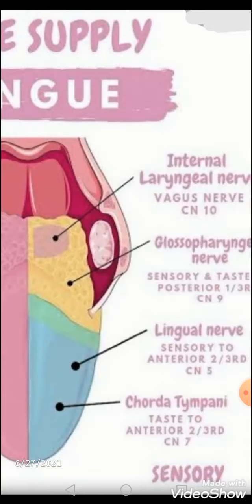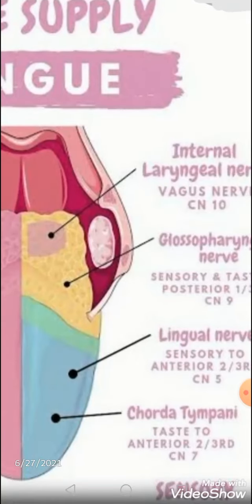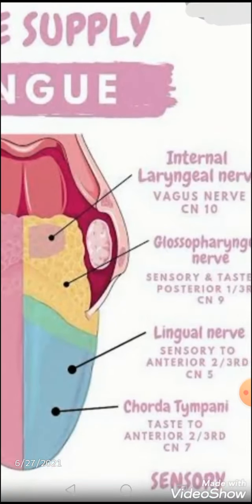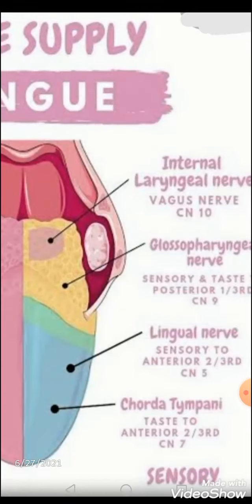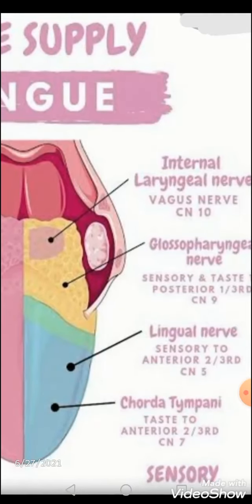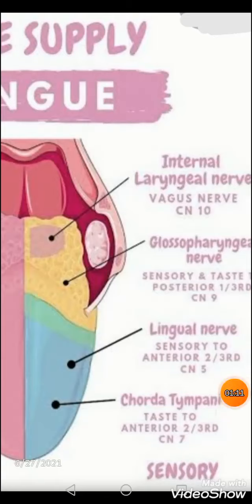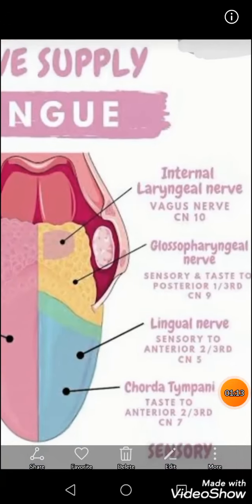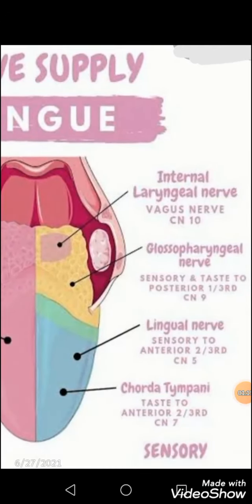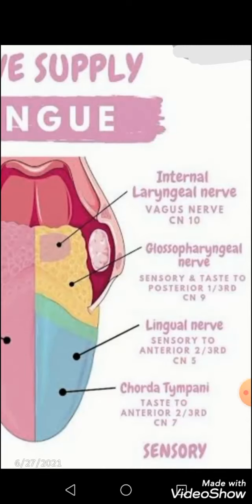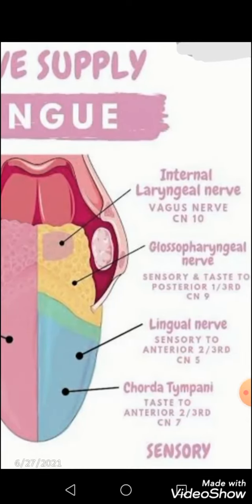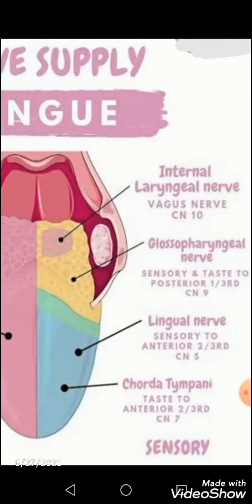And we can see that the most posterior part is supplied by the vagus nerve through the internal laryngeal nerve, right? Another thing is that the circumvallate papillae are also supplied by the lingual branch of the glossopharyngeal nerve, for both general and special sensations, right?